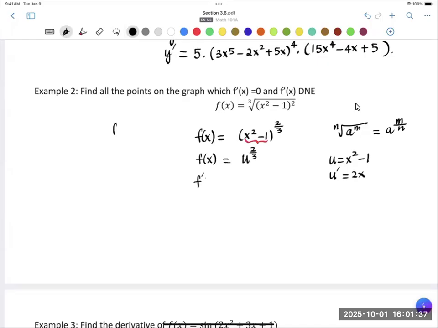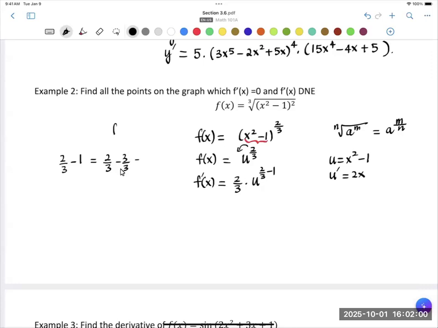Then f prime of x will be, bring down the power, 2/3 times u to the power 2/3 minus 1, which is 2/3 minus 3 over 3, because 1 can be written as 3 over 3.